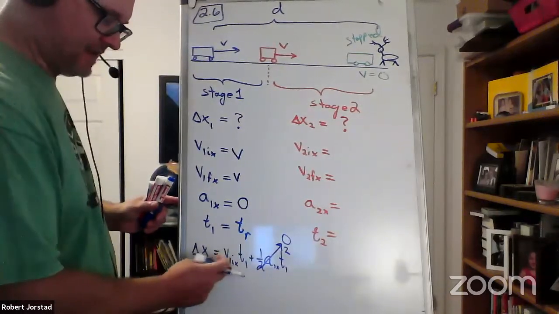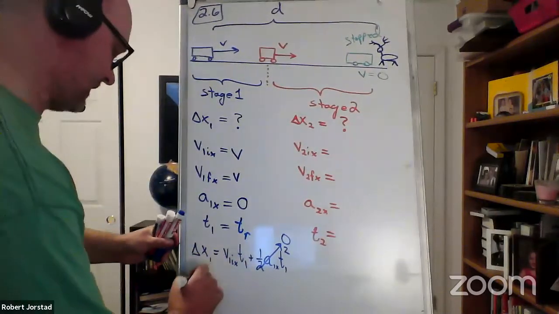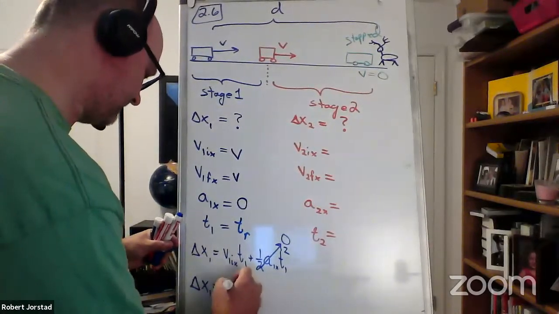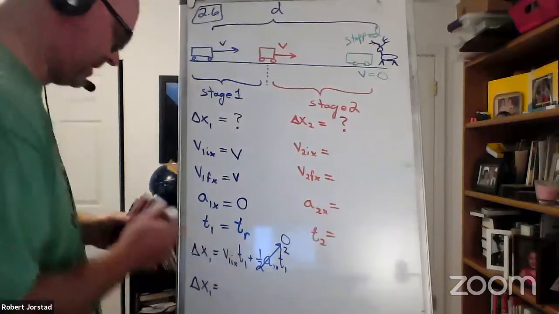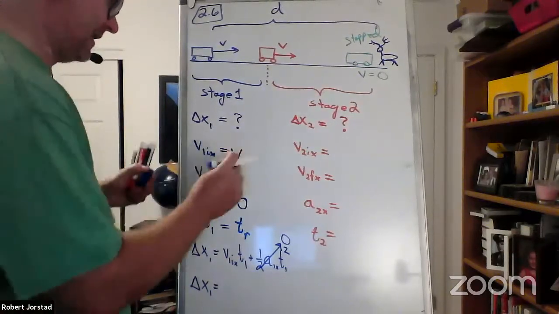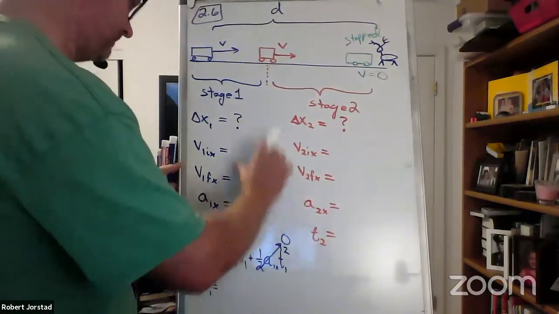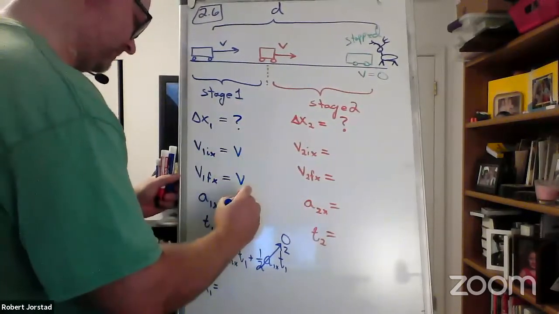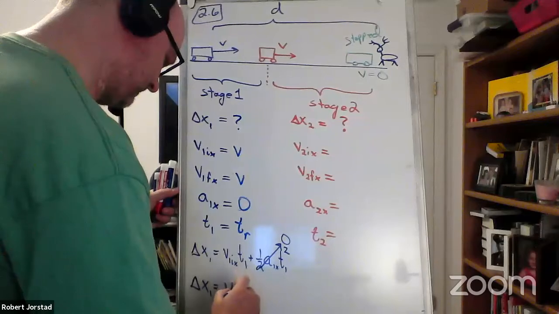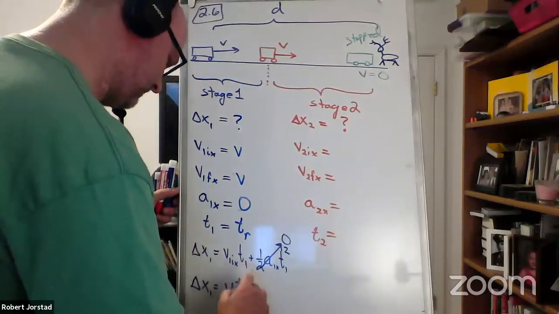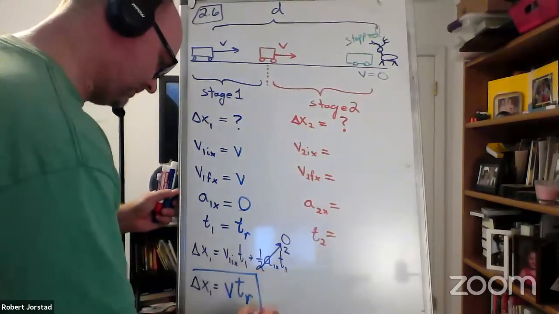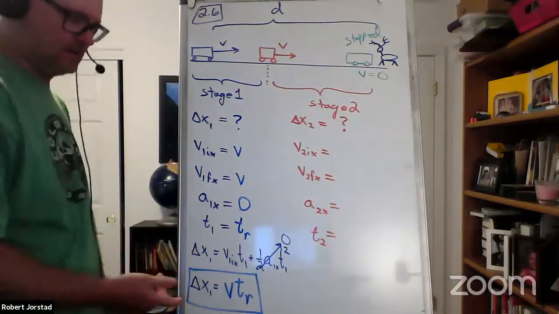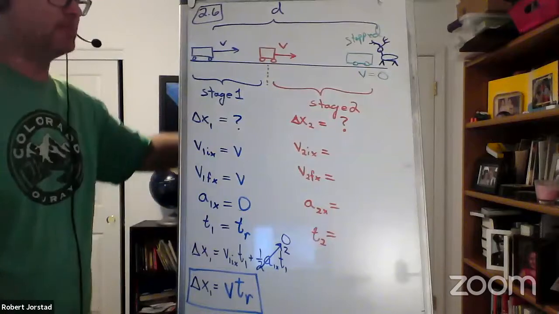I know this is V, this is TR. Aha, I just figured this out. I'm going to make these blue just so they stand out. So that helps me figure out, aha, this unknown up there.